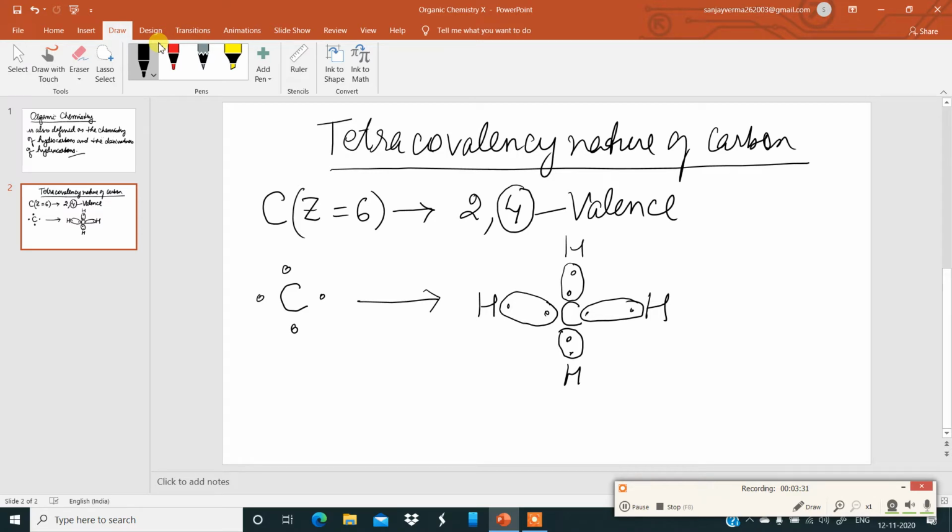This results in the formation of 4 single covalent bonds, and this is a hydrocarbon. This compound is called methane. Okay. Now, this is called the tetracovalency nature of carbon atom, and because of this, carbon chemistry, the organic chemistry, is studied as a separate branch of chemistry.